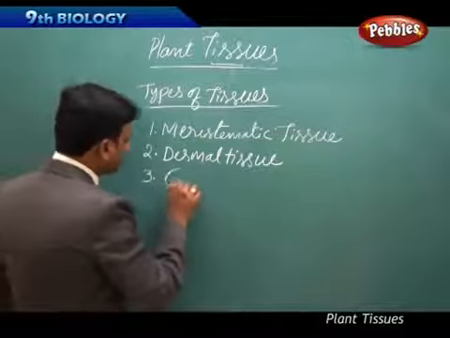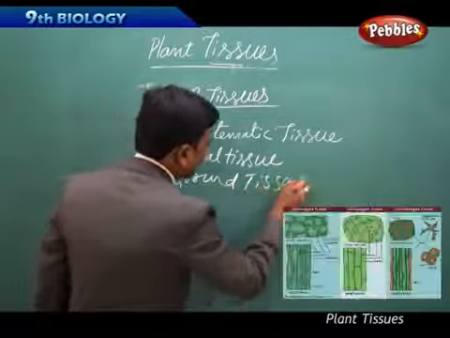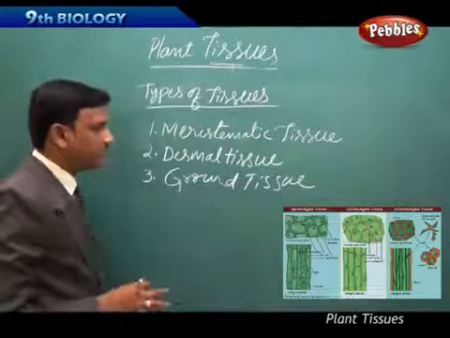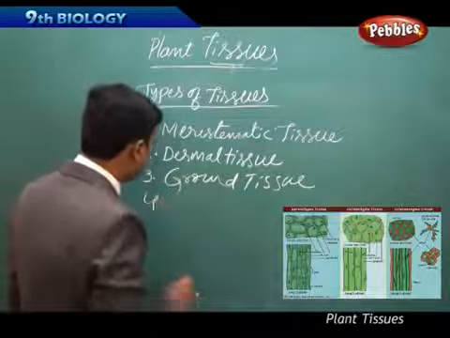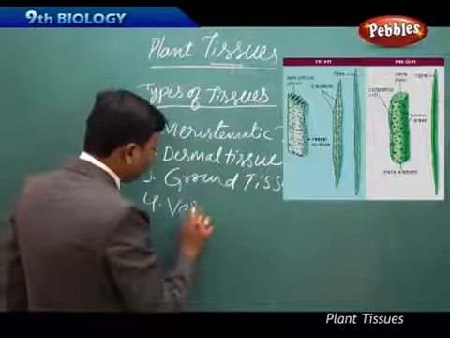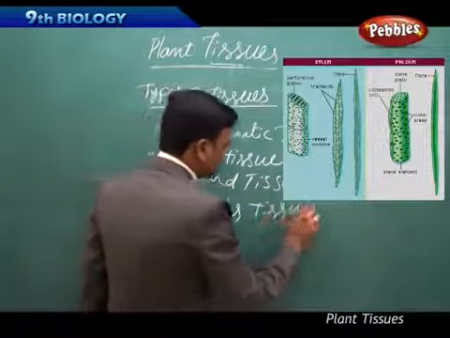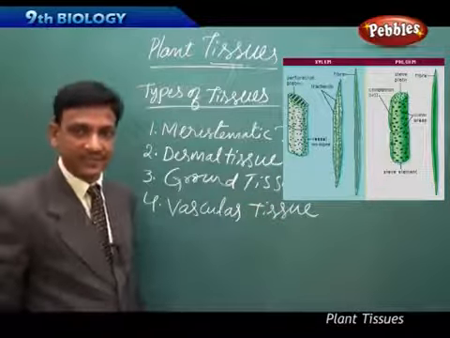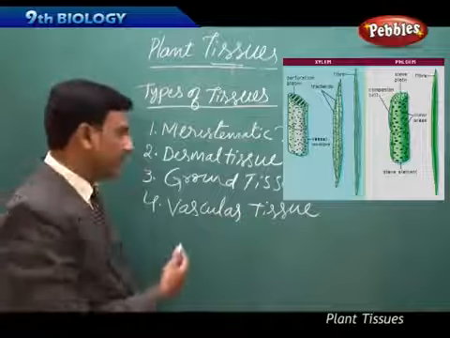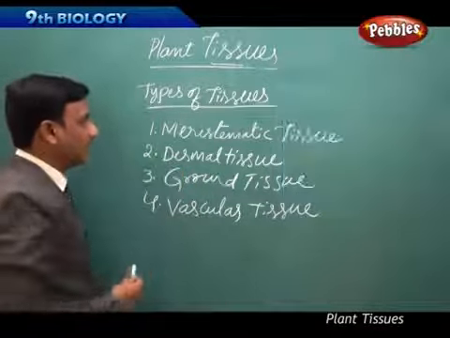The third one is ground tissue. This ground tissue forms the base of different parts of the plant. And the last one, vascular tissues. These vascular tissues help in transporting substances or water in the plant. So these are the four major tissues we find in a plant.